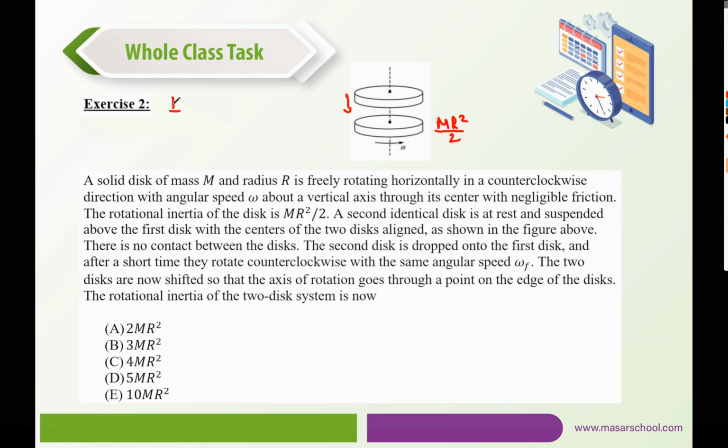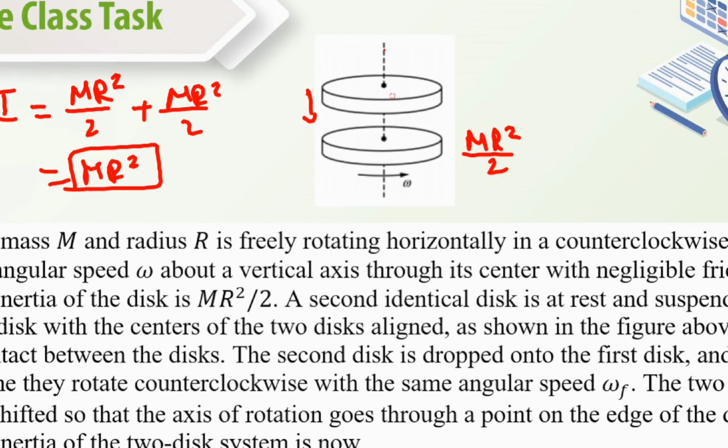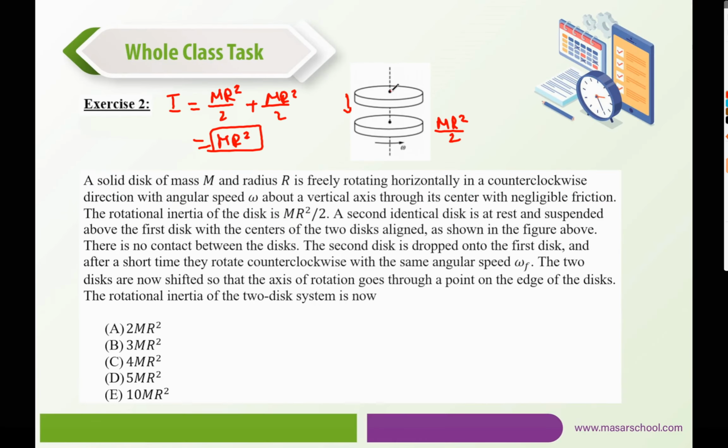Then for the new moment of inertia, remember that the moment of inertia is an additive quantity. It is now mr square over 2 plus mr square over 2, which is mr square, representing the moment of inertia of the two-disk system with respect to an axis of rotation passing through its center. The two disks are now shifted so that the axis of rotation goes through a point on the edge of the disks.